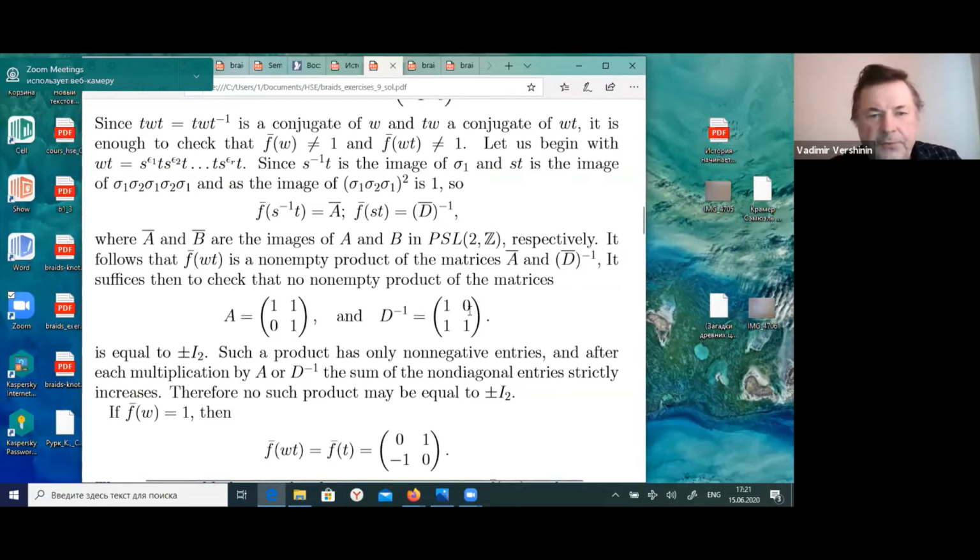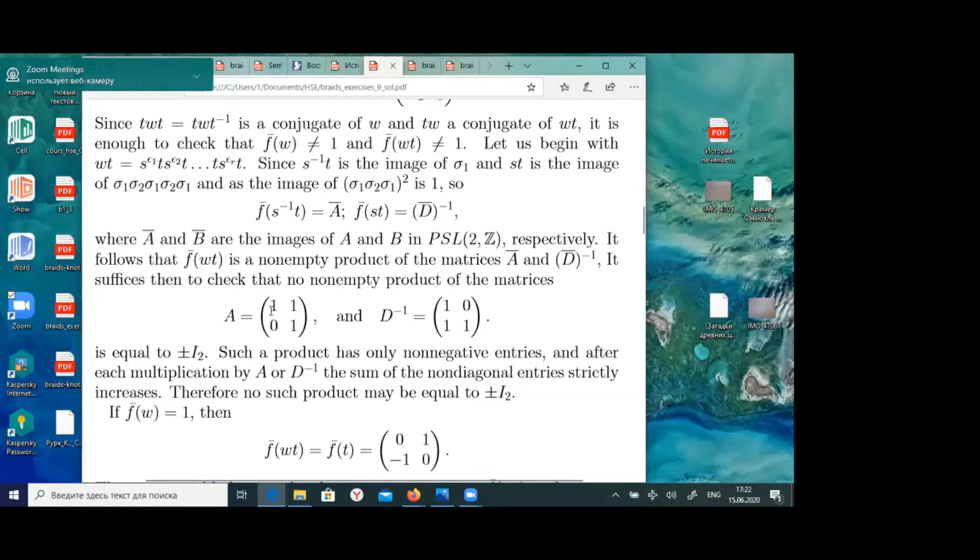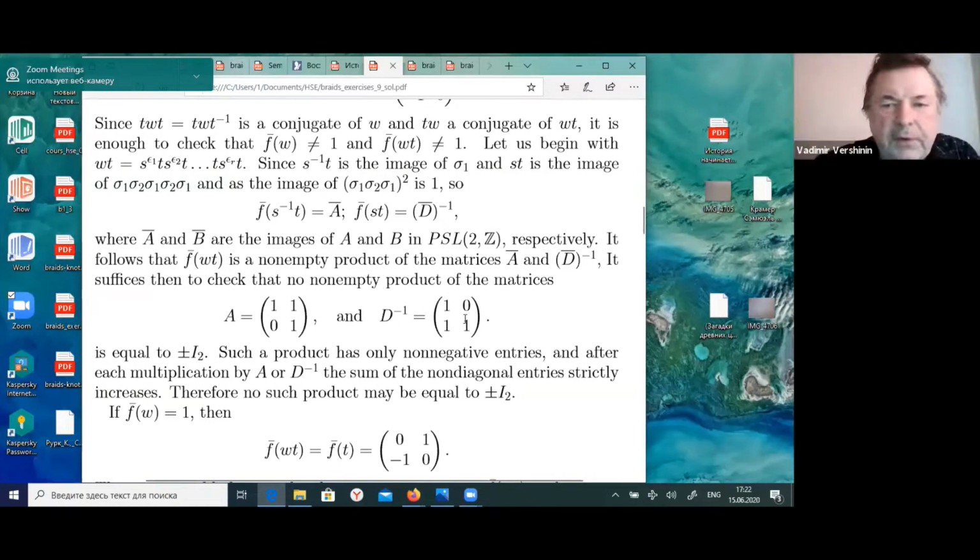Let us look at these matrices A and D minus 1. They are beautiful, and they are all positive. I mean that the elements of these matrices are positive.